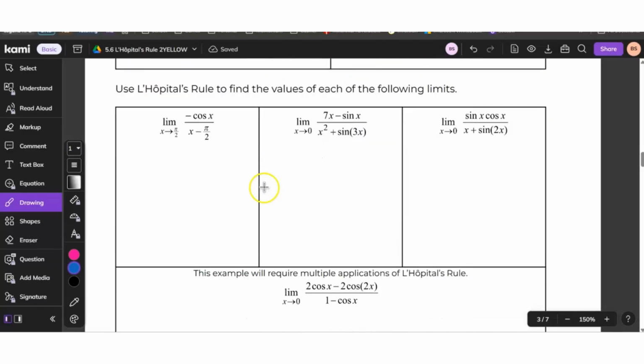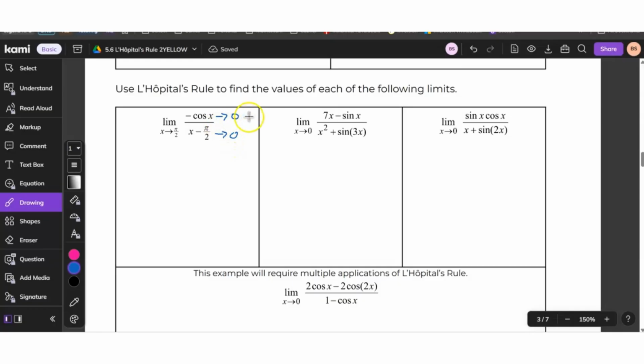All right. Use L'Hopital's rule to find the values for each of the following limits. All right, ready? If I plug in cosine of pi over 2, I get 0. If I plug it in here, 0. Do not write equals.